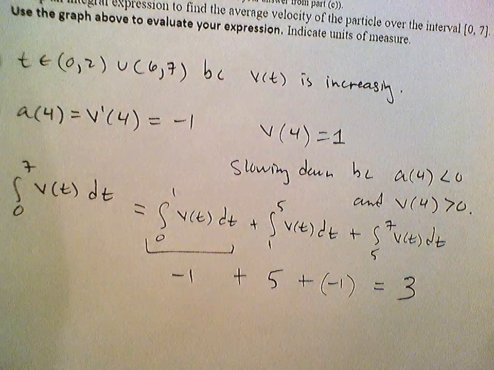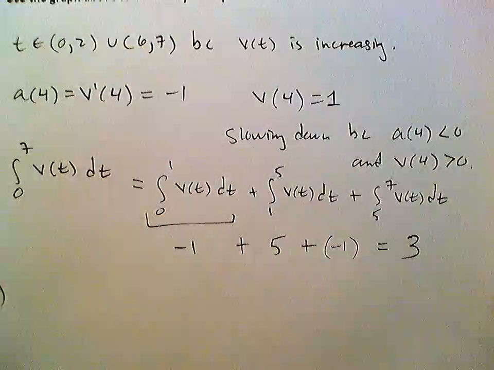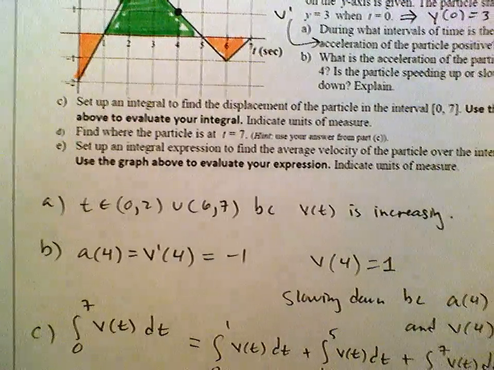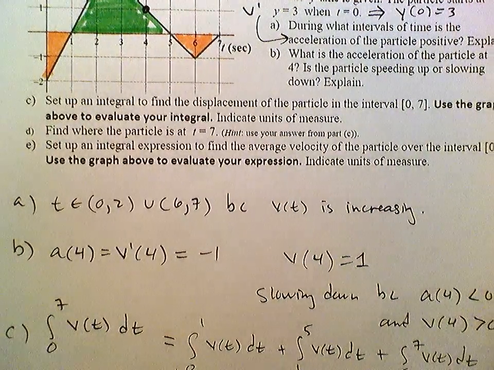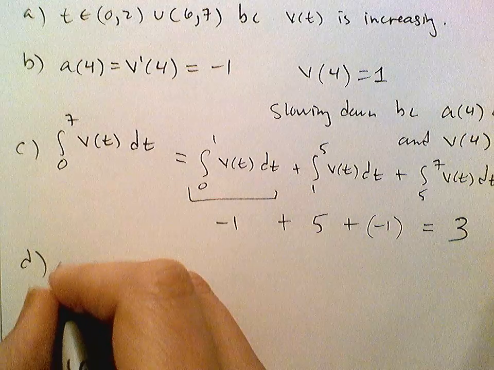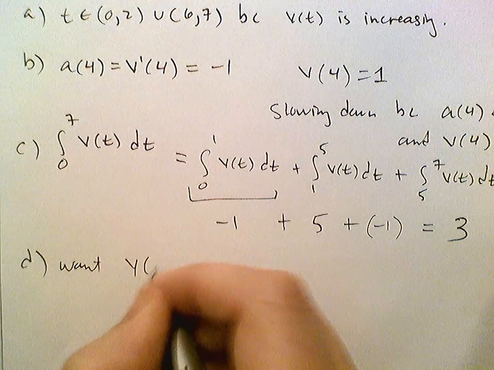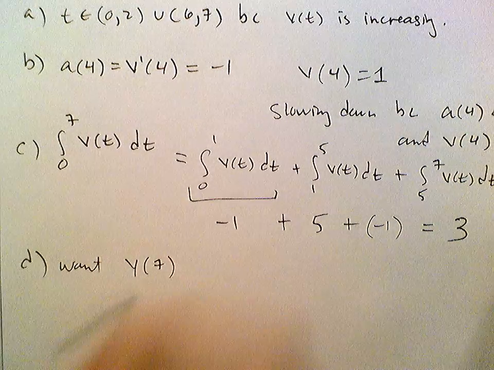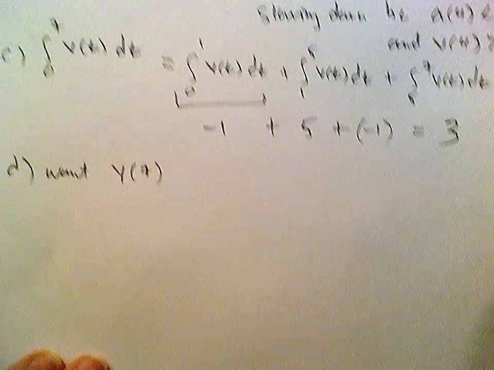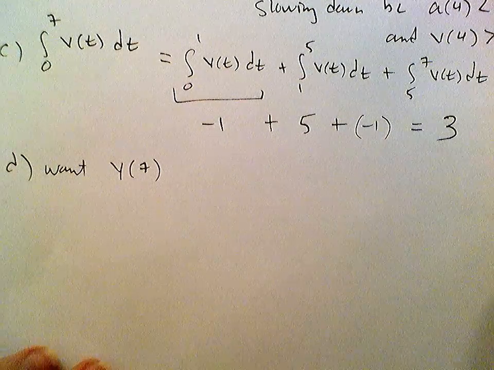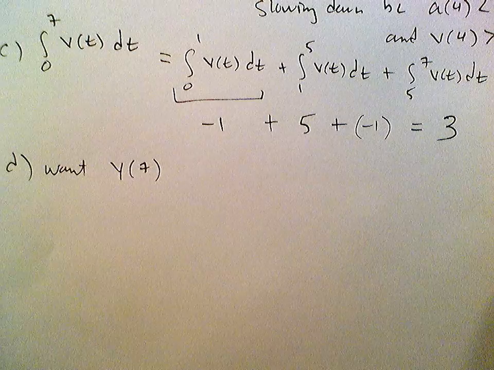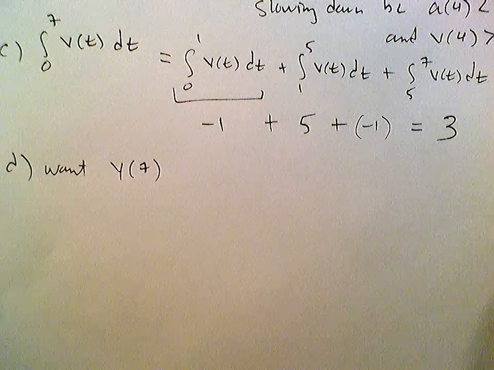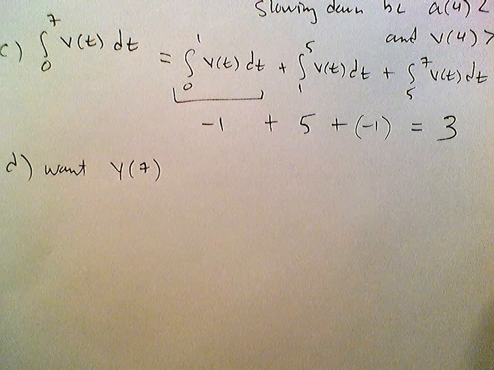Find where the particle is at t equals 7. So I want y of 7. Well, guys, if I'm calling y the position function, then the velocity function is the first derivative of that.